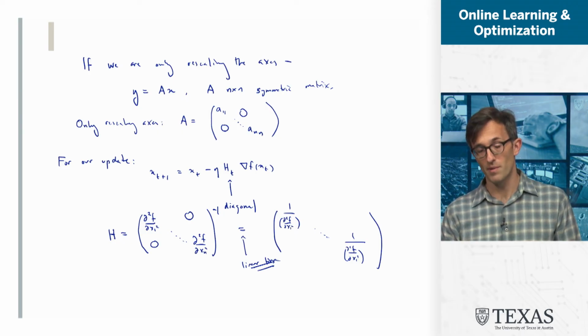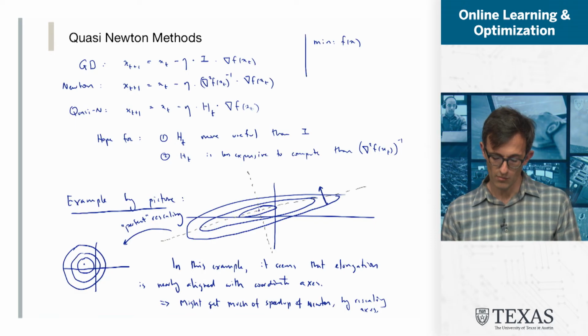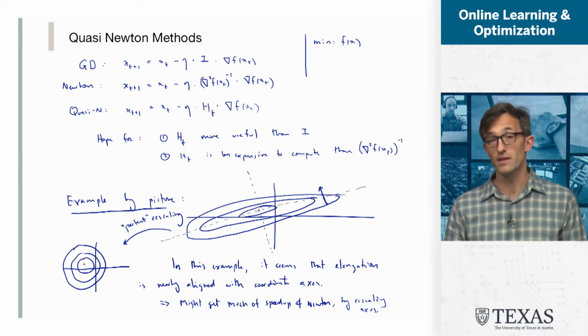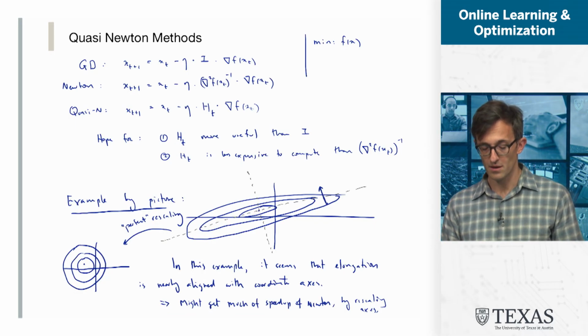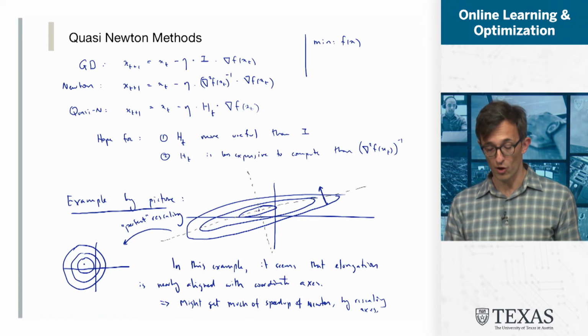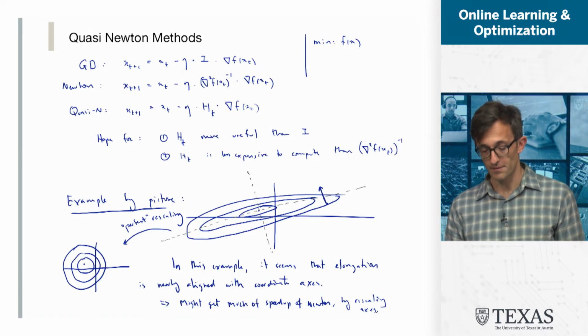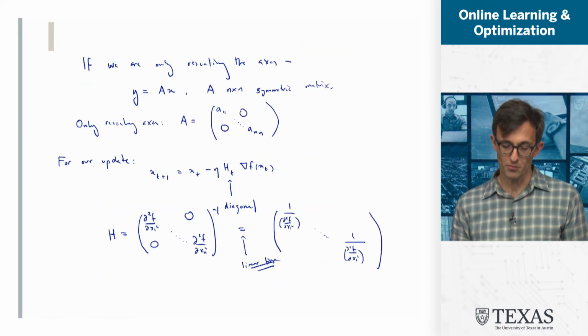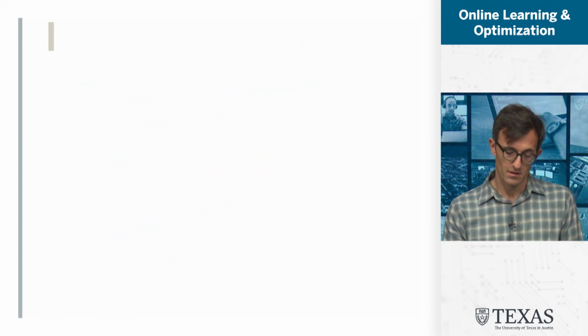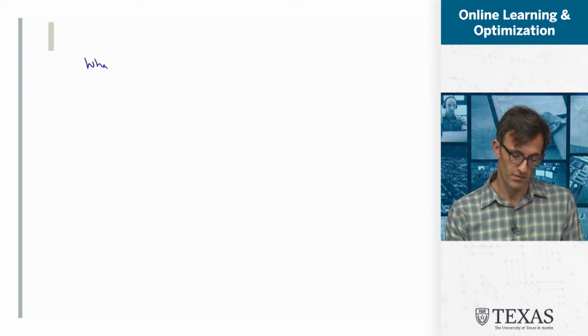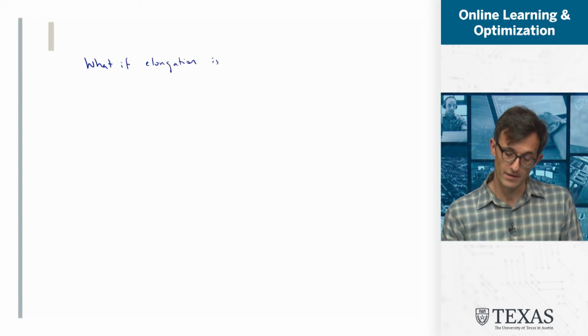And flipping back to our picture for a moment, we see that if we are so lucky that we have something like this, then we are also going to be doing something much more useful than the identity. So of course, the natural question is, what if the elongation is not well aligned with the coordinate axes?